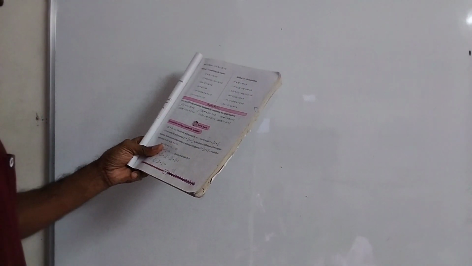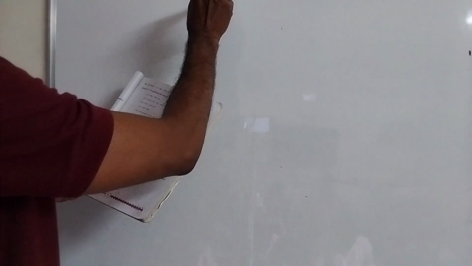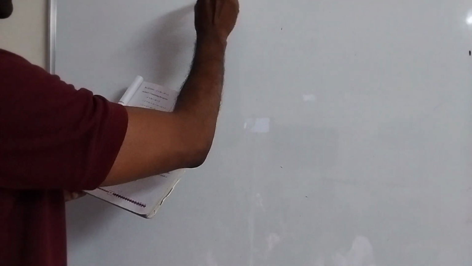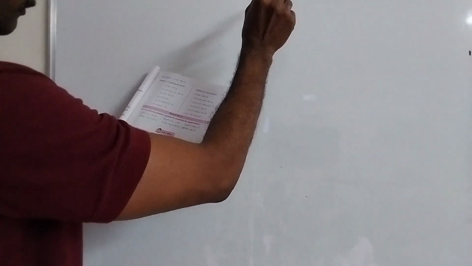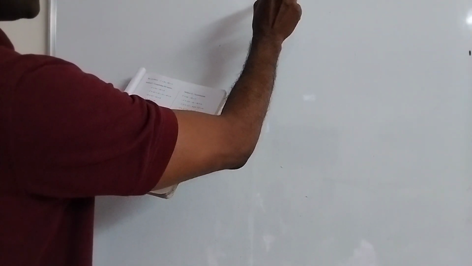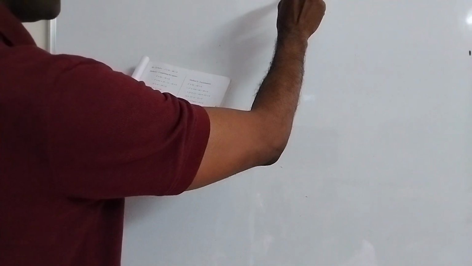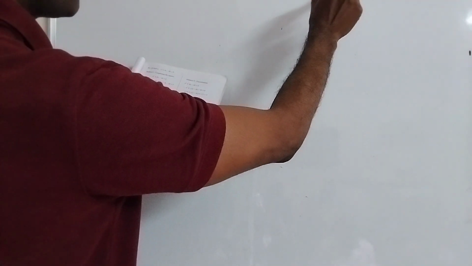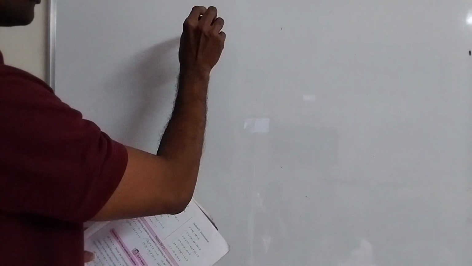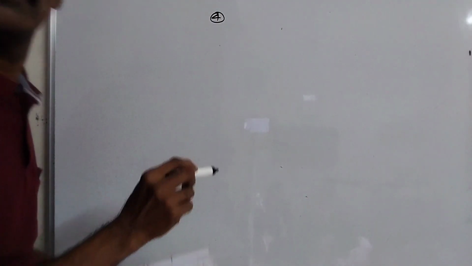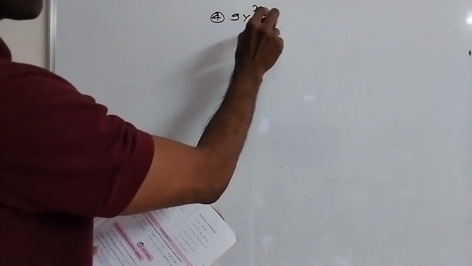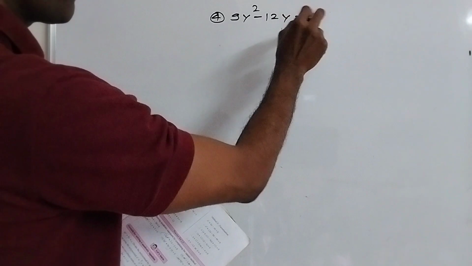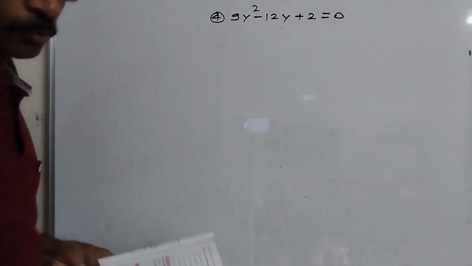Practice set 2.3, example number 4. 9y square minus 12y plus 2 is equal to 0.